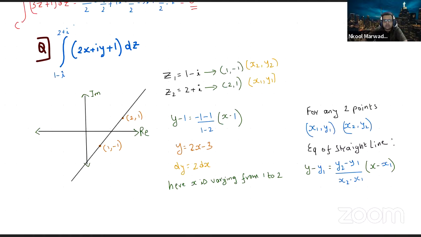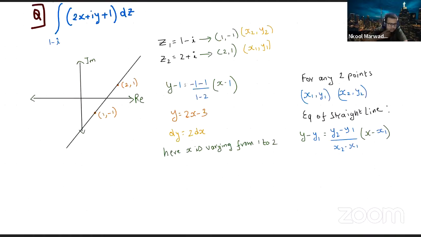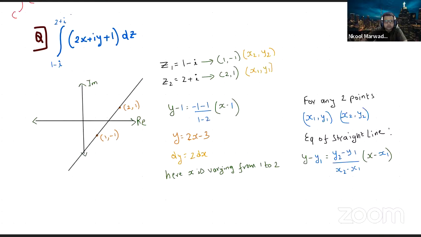Now we are all set for the integration. The integration which we want to do, let us write it. Ultimately, we have to find this: integrate this function 2x plus iy plus 1, with limits from 1 minus i to 2 plus i.